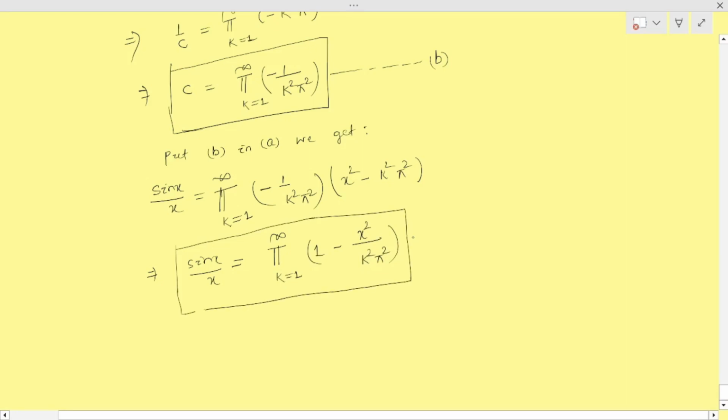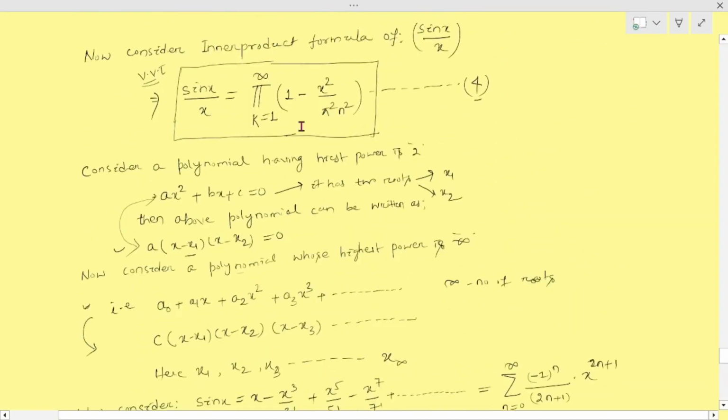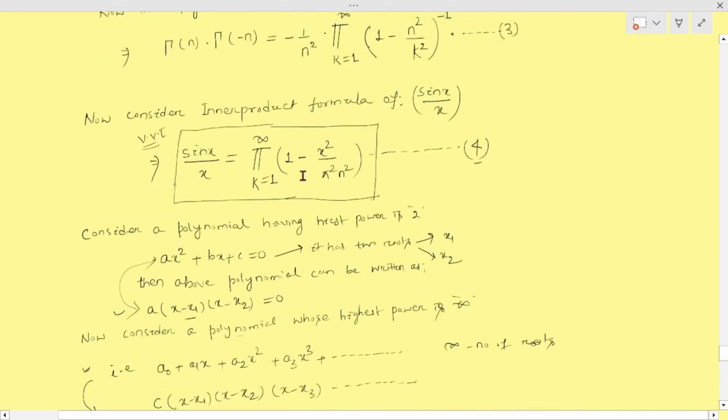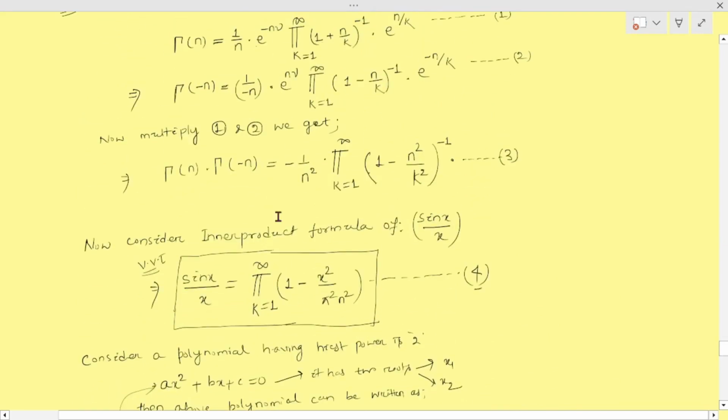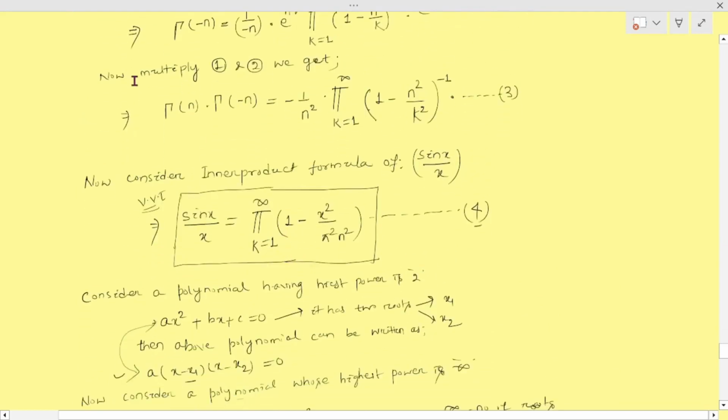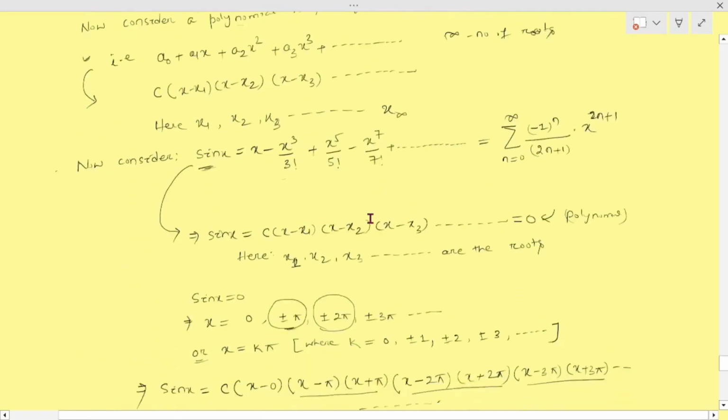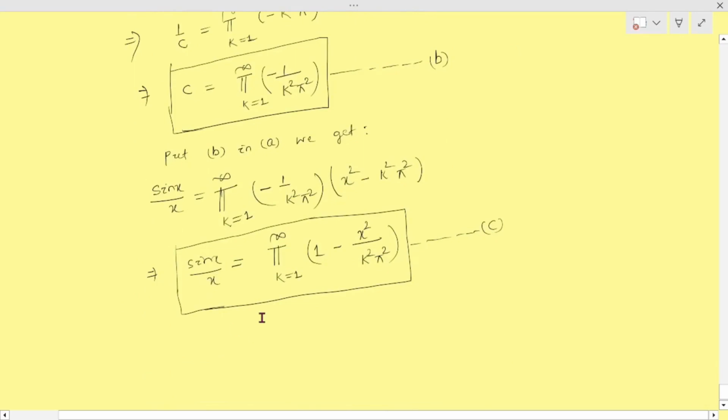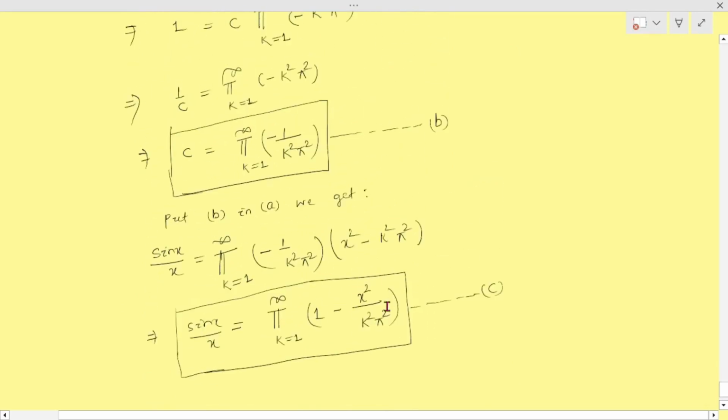Here you can see k goes from 1 to infinity, so this will be k square, mistakenly I wrote it otherwise, this will be k square pi square. Okay, so here I have proved that sin x by x equals the product from k equal to 1 to infinity of 1 minus x square by k square pi square, right?